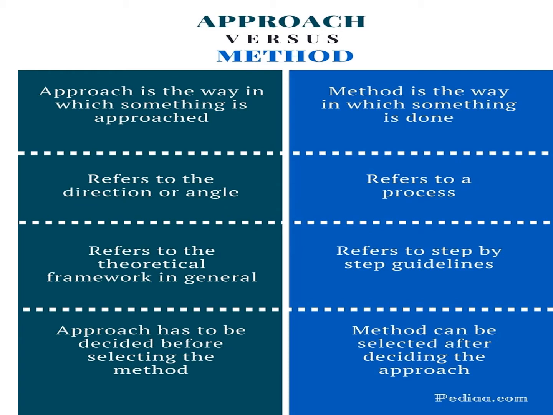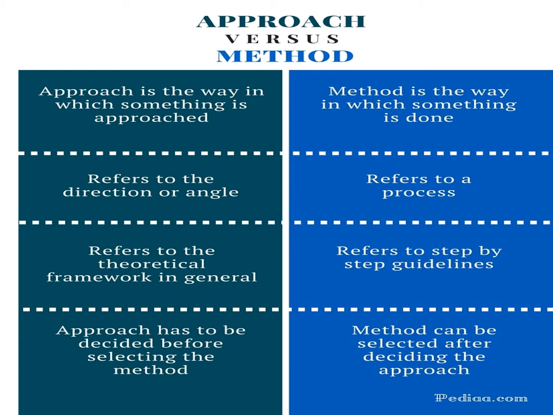Approach has to be decided before selecting the method, whereas method can be selected after deciding the approach. So we cannot say that we have applied this method and then ask what our approach will be. Firstly, we need to decide about our approach, whether it is a deductive approach or inductive approach, a teacher-centered approach or learner-centered approach or learning-centered approach.